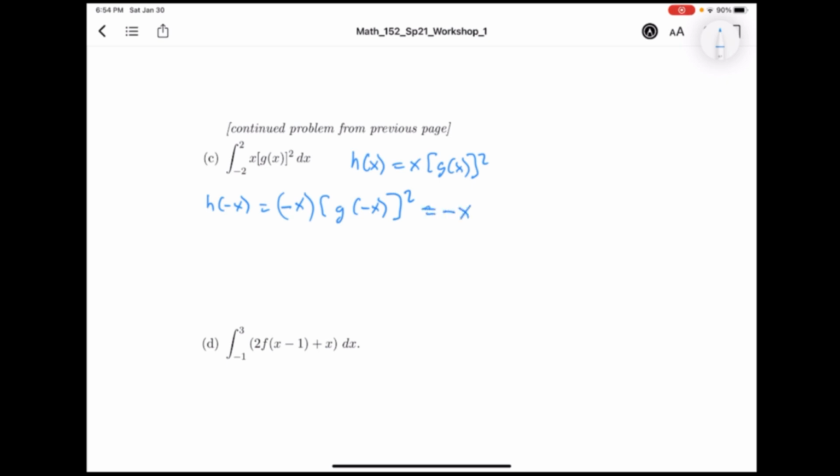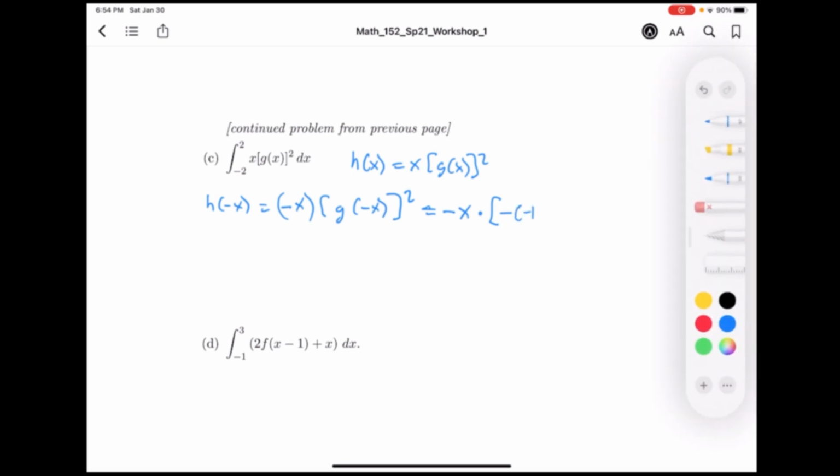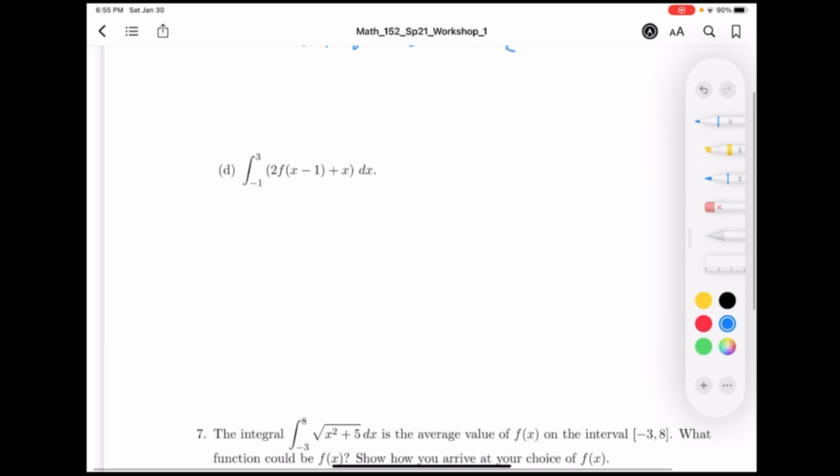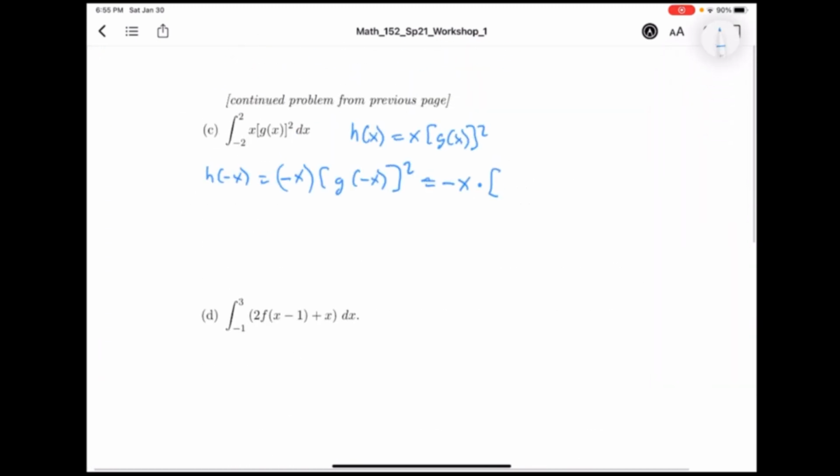So that's going to be negative x times, we know that g of negative x equals negative g of x, so that's like negative 1 times g of x, and we're still squaring that. So that equals negative x times negative 1 squared, which is 1.